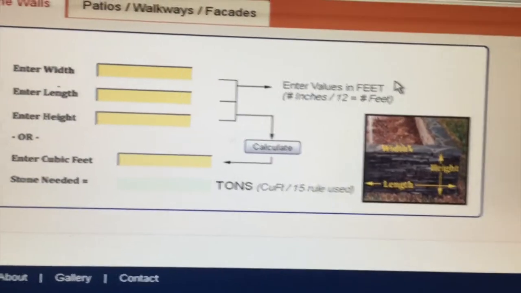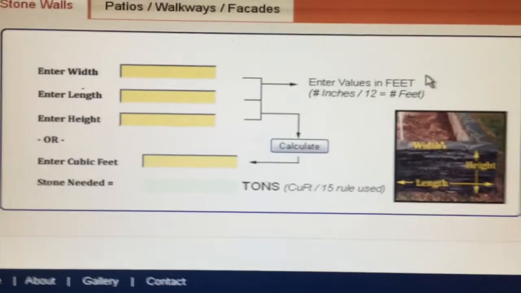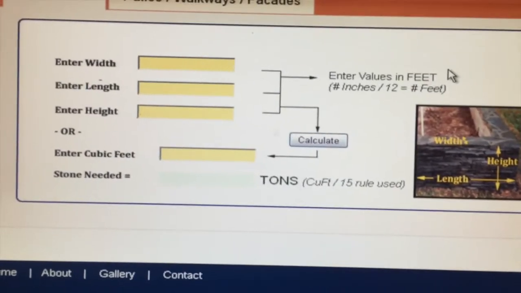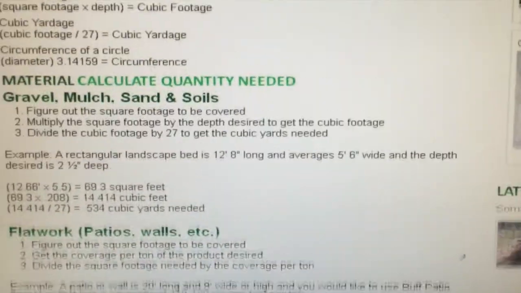So you have to make sure that you always get all your measurements in feet, and then you'll be able to just use your formula to calculate the yardage. So always make sure you get it in feet.